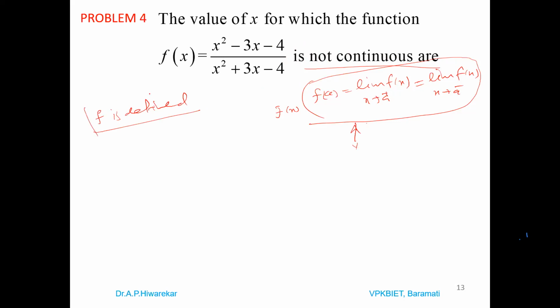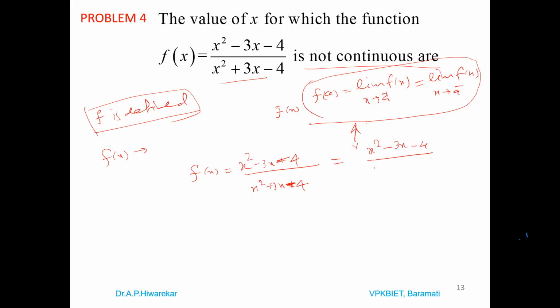Defined means it should have a finite value. So f of x has a finite value for all x. If you look at this function f of x, which is x square minus 3x minus 4 divided by x square plus 3x minus 4, and find the factors of the denominator, the numerator stays the same.